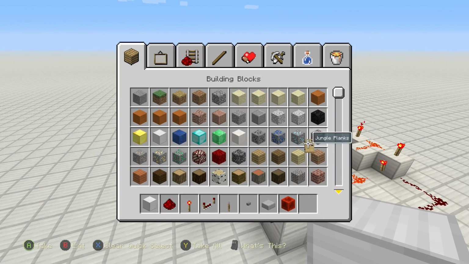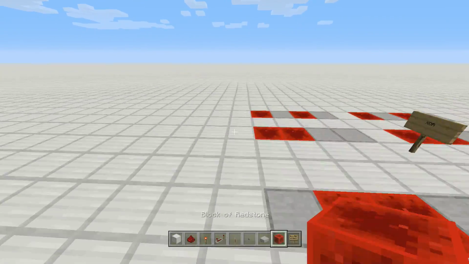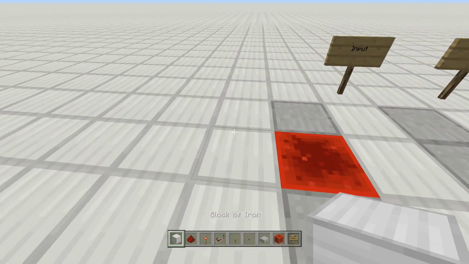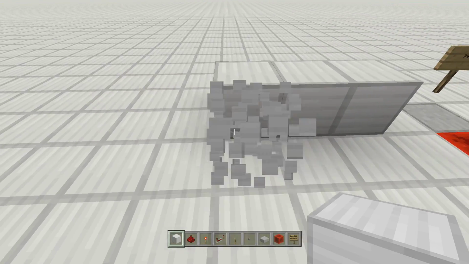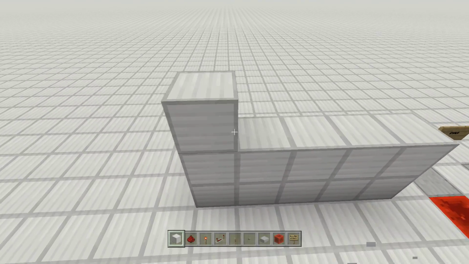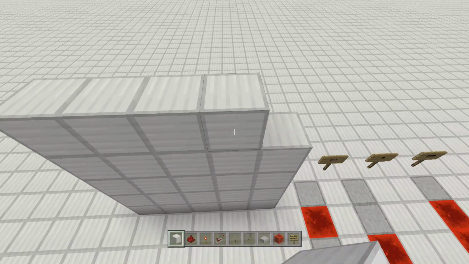So, what is binary? Binary is just a way of writing your numbers. And it's the best way to write numbers for us electronic circuits. I'll just make a little wall over here.